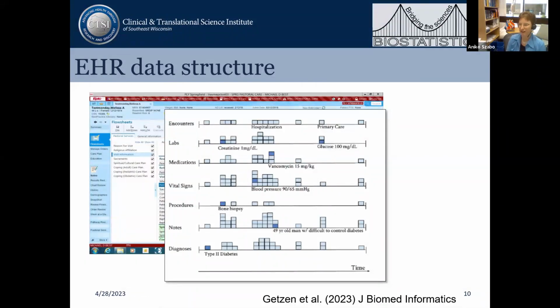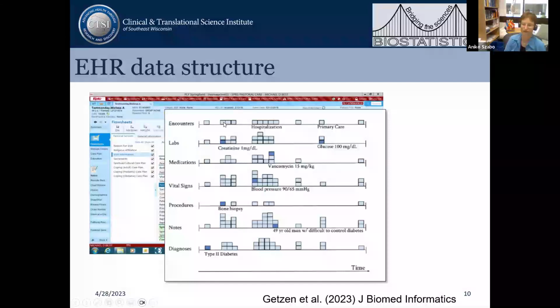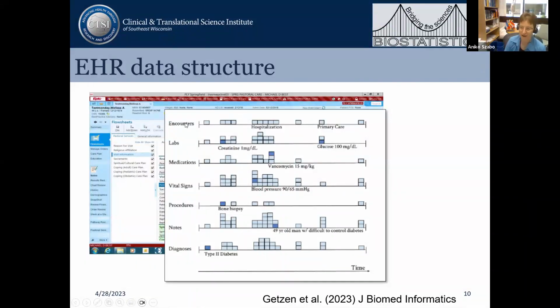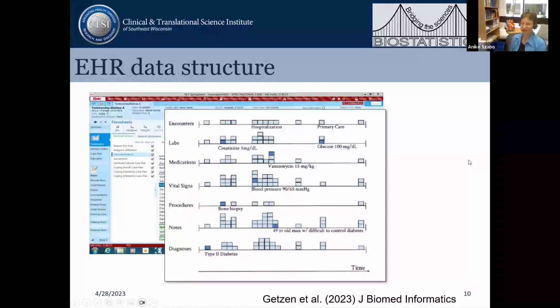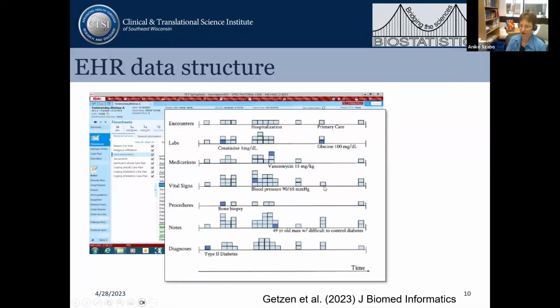When they show up in the EHR, they come in a variety of types, all different types of data that get entered into the EHR. So this is a good conceptual picture to think about: when things happen, records pop up in different areas of the EHR, and as different types of things.